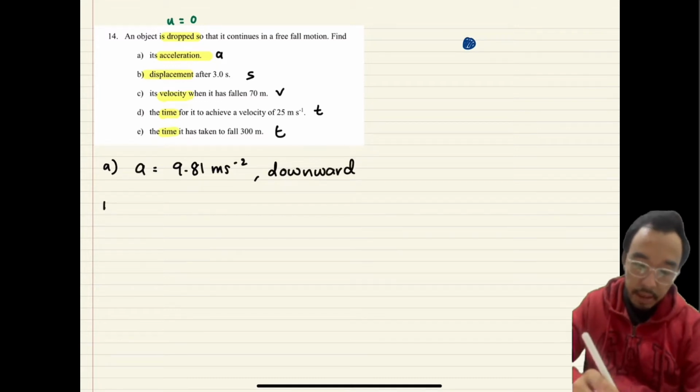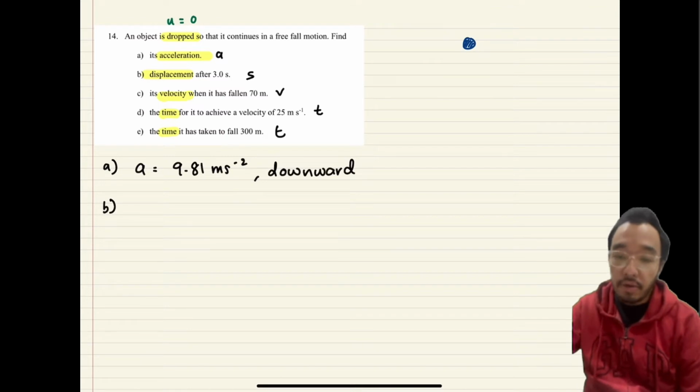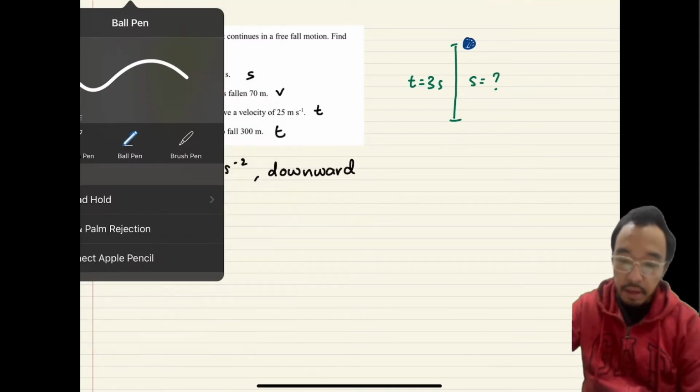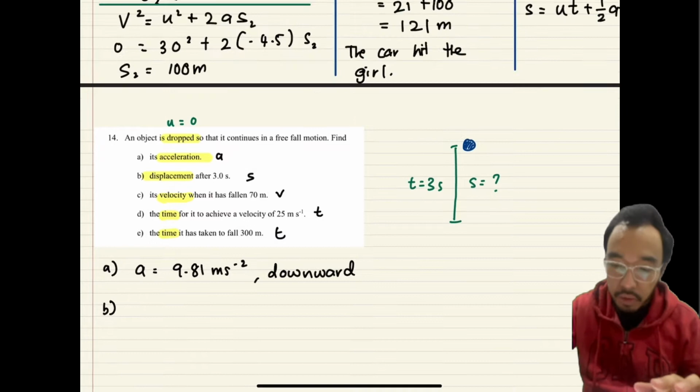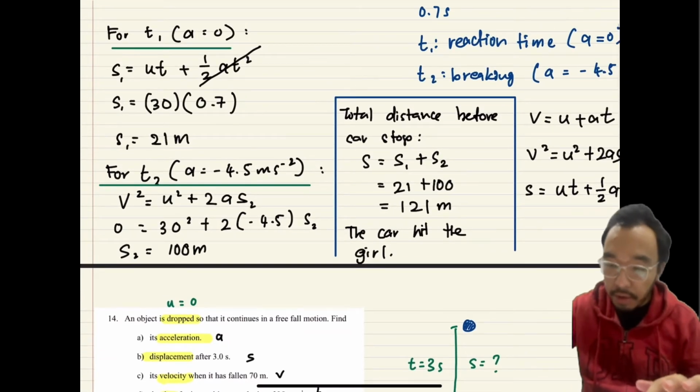Equation B, displacement after 3 seconds. So after 3 seconds, this object already moved. So time is equal to 3 seconds. They want you to find the displacement, the length or the distance it travels between that period. Again, it still falls under gravity. So acceleration is 9.81.